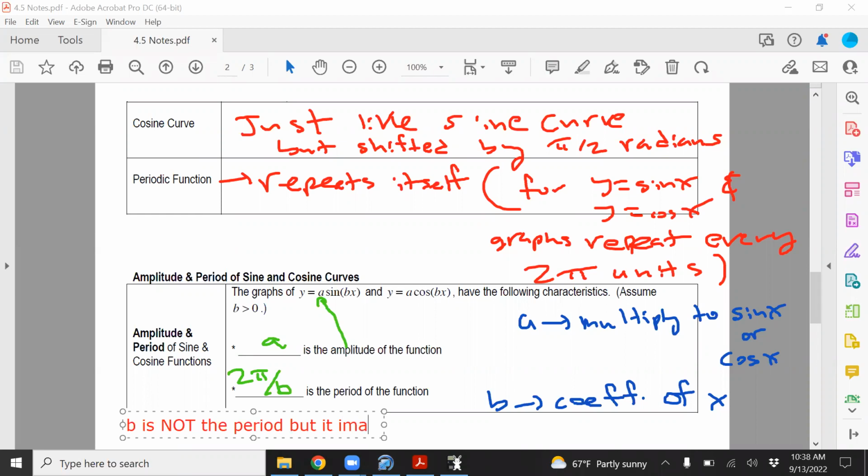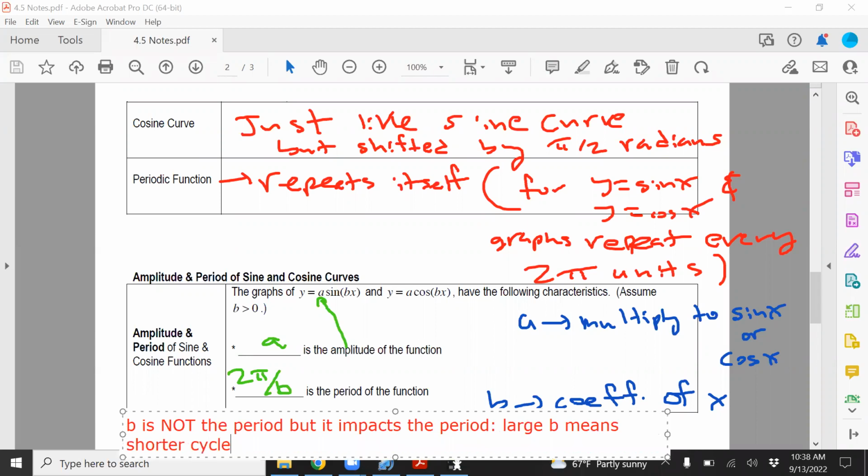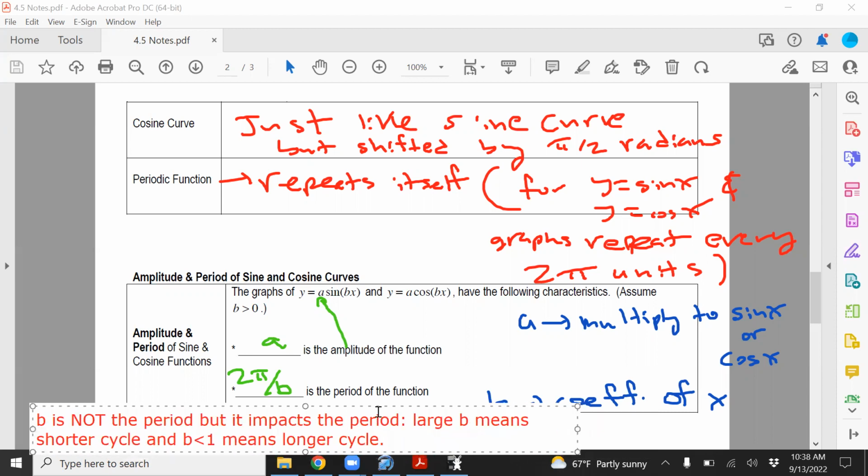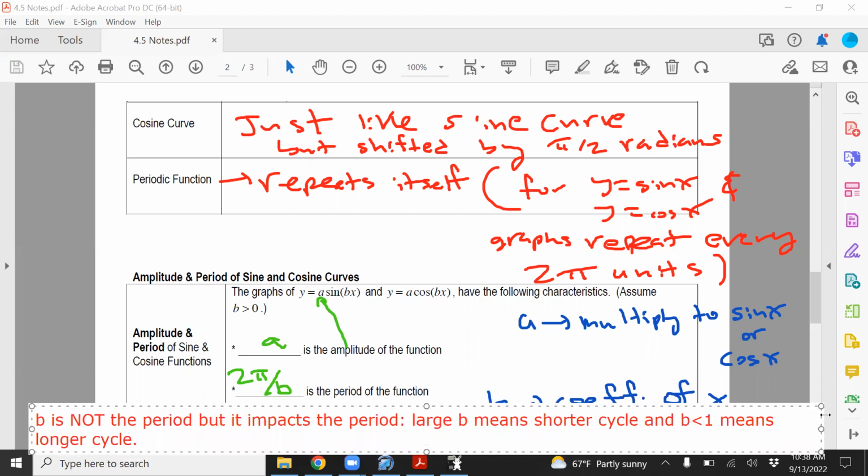But it impacts. Large B means shorter cycle. And B less than 1 means longer cycle. Which would make sense, right?